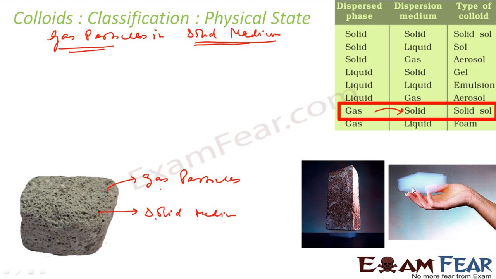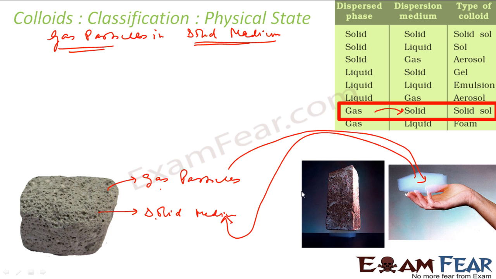It is ultra light because it has all air inside it, but it is a solid structure. Since it is a solid structure, I'll say the medium is solid. But in this, there are so many pores which have air in them, so I'll say that it has gas particles. Foam is also a colloid of gas particles in solid medium, the foam which you must have seen at home. These are the examples of colloids of gas particles in solid medium.